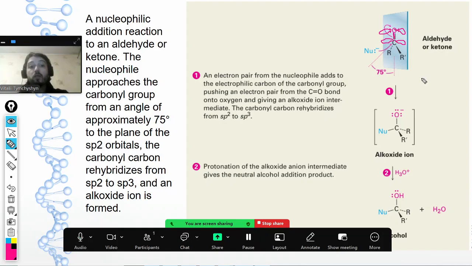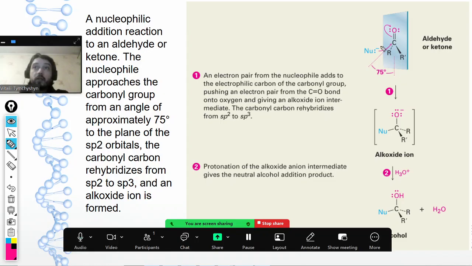They will overlap and we will get these clouds of electron density, and that will be our pi bond. So this bond makes this molecule planar, and the nucleophile is approaching at approximately 75 degrees.